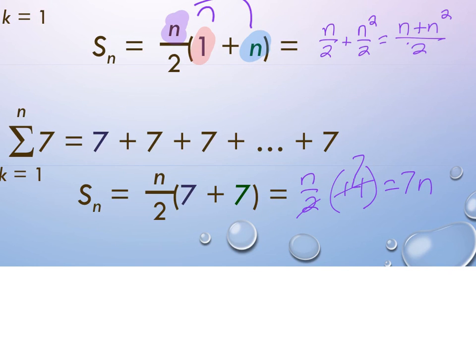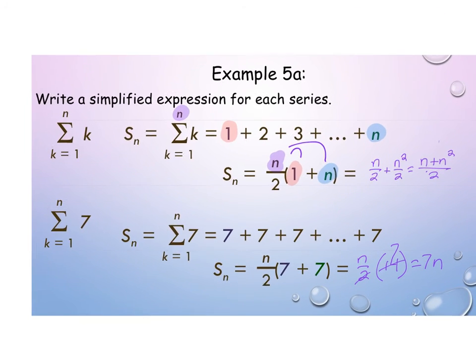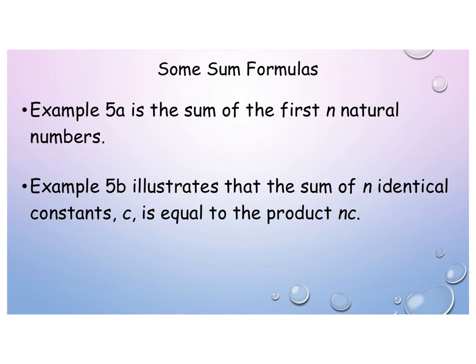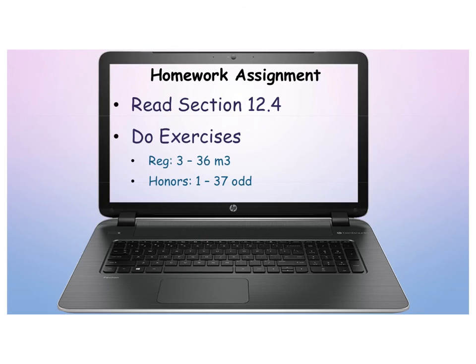If I add up 10 5s, I'm going to have 10 times 5. If I add up 30 2s, I'm going to have 30 times 2. So those are just some standard formulas we have for series, in natural numbers and in C. Okay, and we're done.